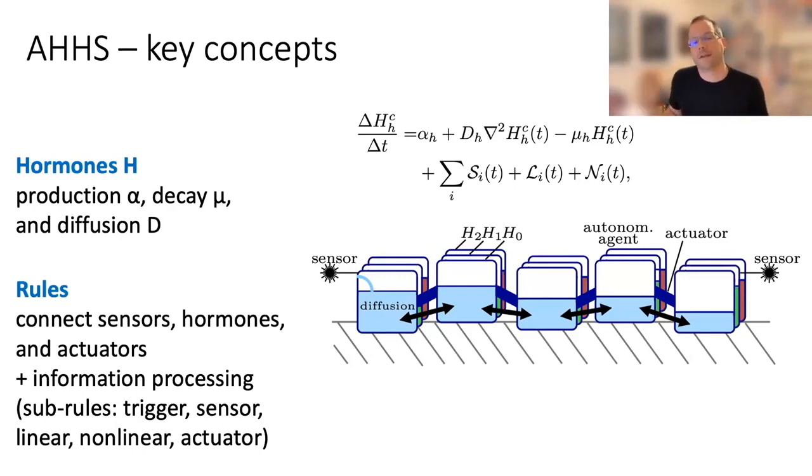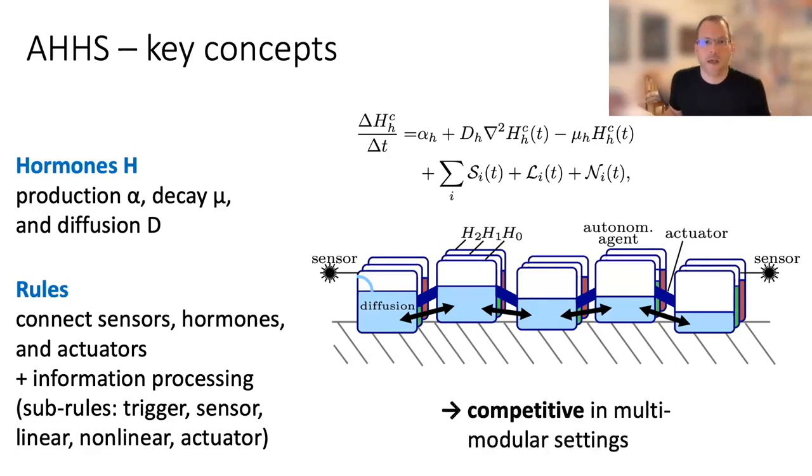Virtual hormones interact in two specific rules, linearly or non-linearly. And we also have rules that use the current hormone concentrations in that module to control the actuators of this robotic module. And we found that overall this concept is actually competitive, especially in modular settings.